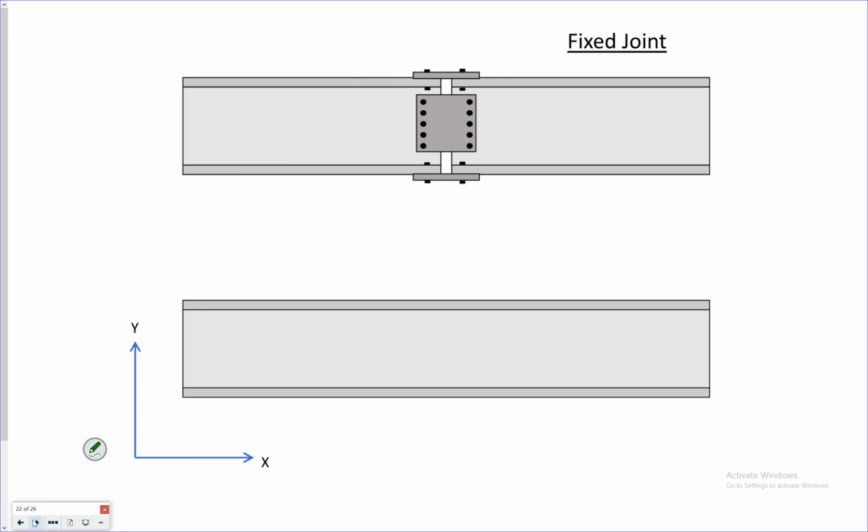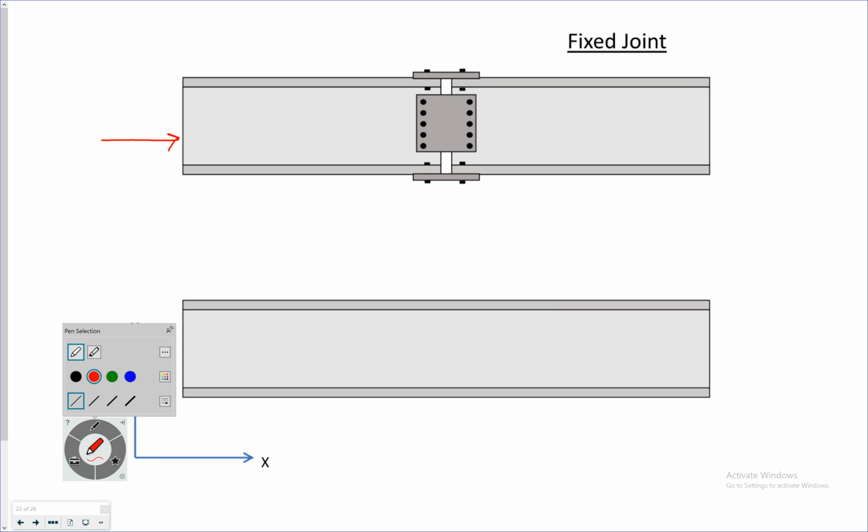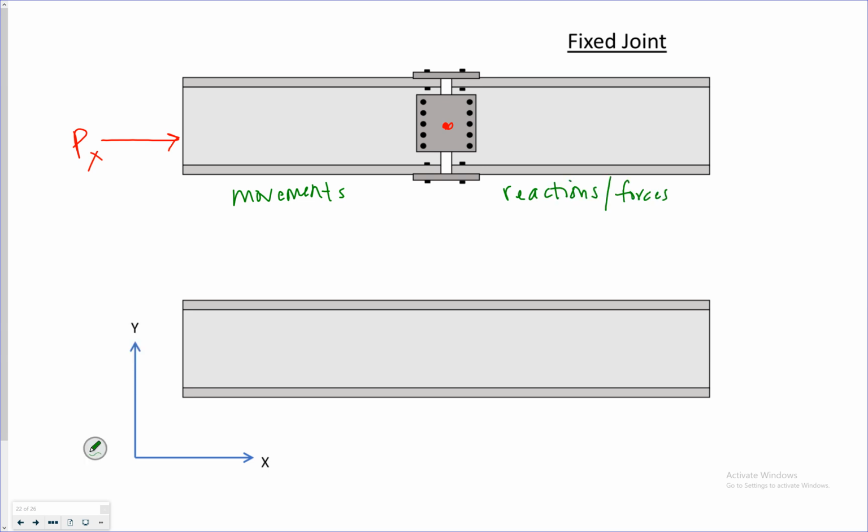Similarly, we can have a fixed joint, and you've probably guessed at this point what happens at a fixed joint. Let's say we apply a horizontal load. Is there any deflection over here, or forces being transferred?